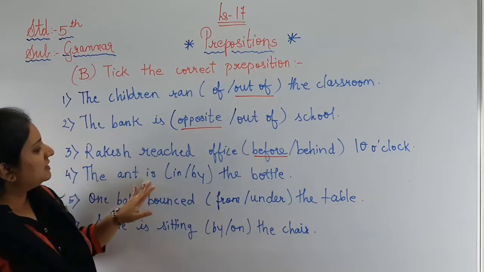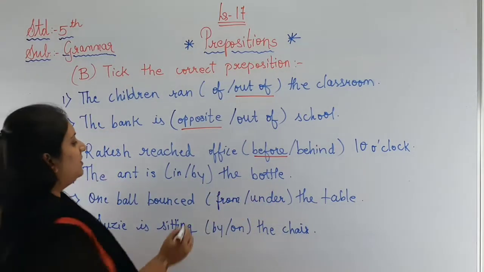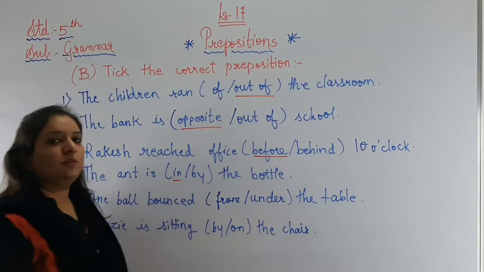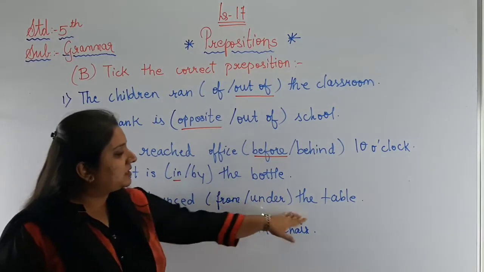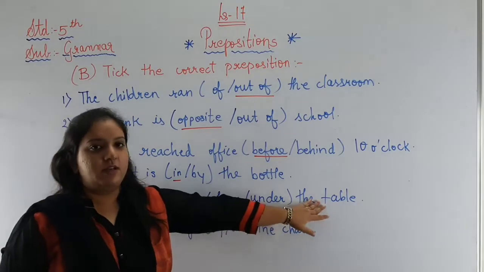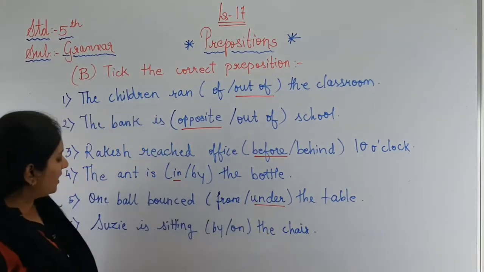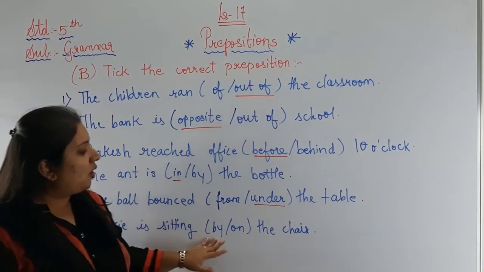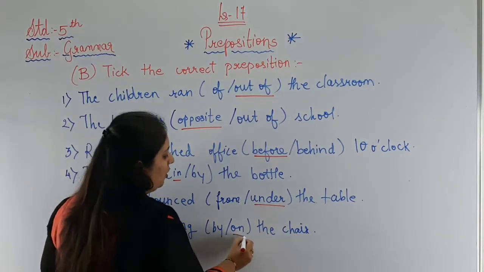Next: the act is in the bottle or by the bottle. Of course, it can be in the bottle, not by the bottle. Next: one ball bounced from the table or under the table. Here again a preposition of place, under the table. Next: Susie is sitting on the chair or by the chair. The correct answer will be on the chair.